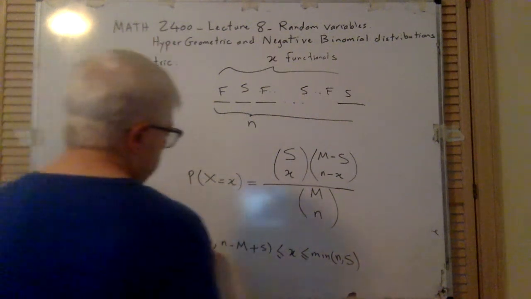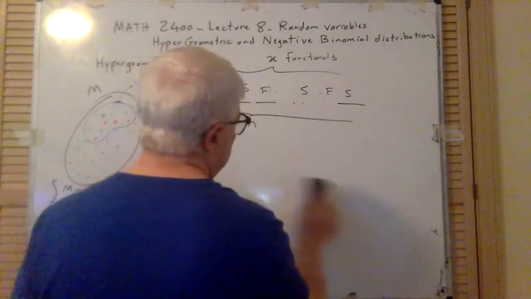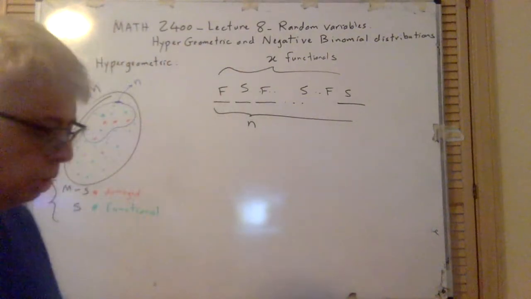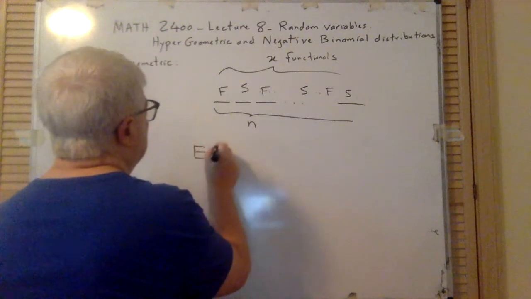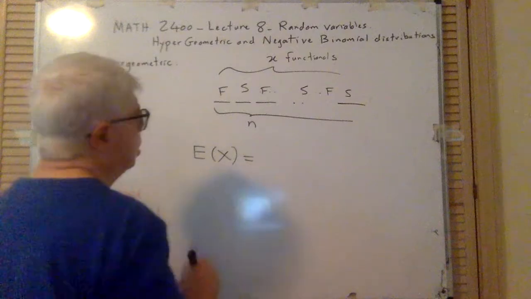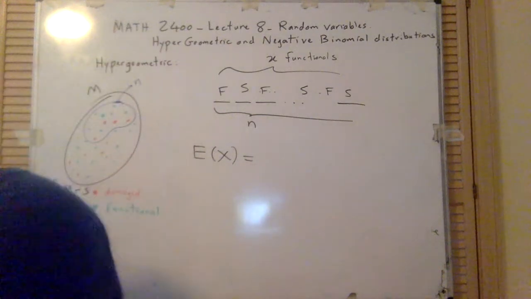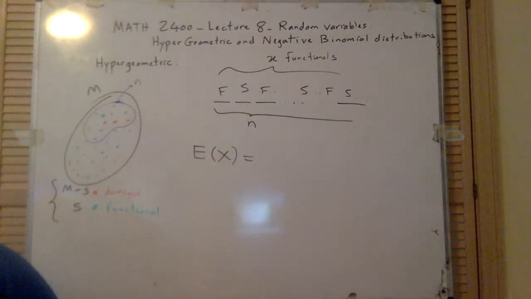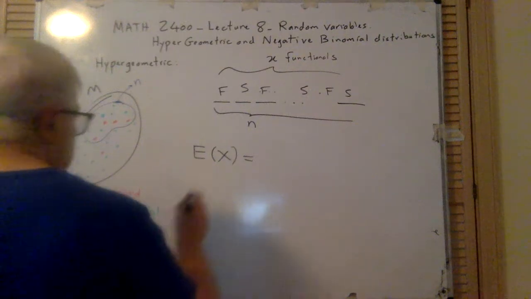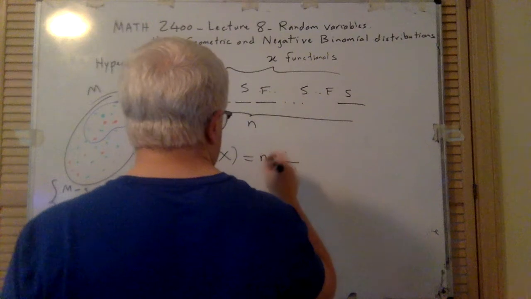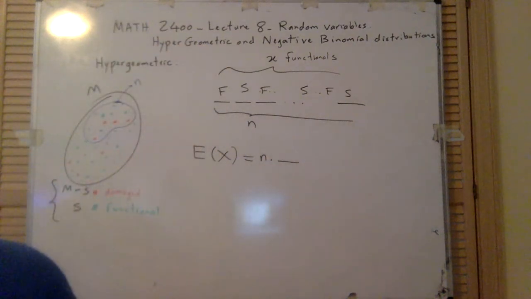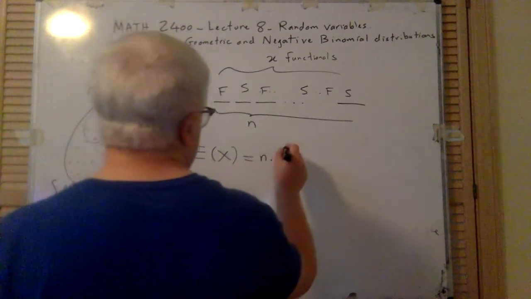Let me write the expected value and the variance of this hypergeometric. So expected value of this x. It's not that easy to find, so let me just copy from the book. It is n times S over m.